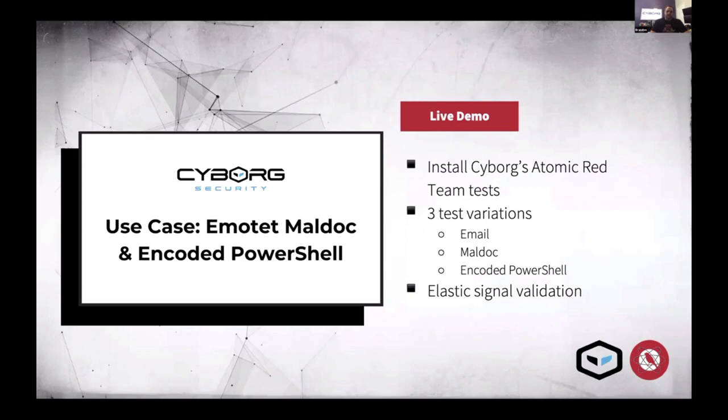AZORult, NJRAT, some of those other ones, a lot of people haven't necessarily heard, especially when you start talking about all the way through the chain. Most of the people up at the executive level have probably heard of it because they've either been affected by it or they've read some articles about it. So it's a little bit more universal, which is one of the reasons we tend to push the needle towards Emotet, just because it's pretty common.